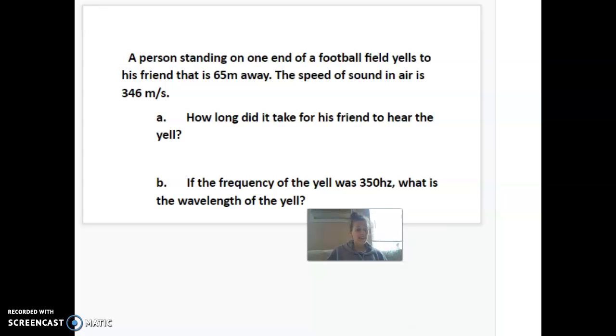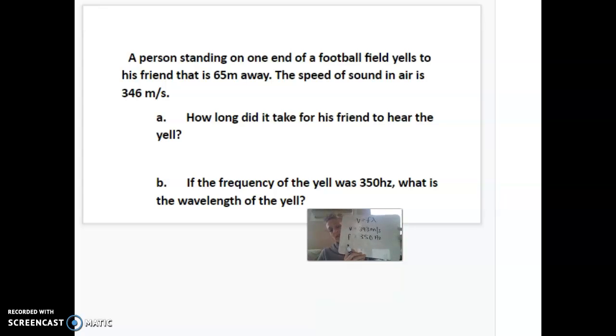Hopefully you found that the time it takes for the yell to reach the friend is 0.18 or about 0.19 seconds or 0.2 seconds. So pretty fast, but there's still a bit of a delay. And then if the frequency of the yell was 350 hertz, what is the wavelength of the yell?